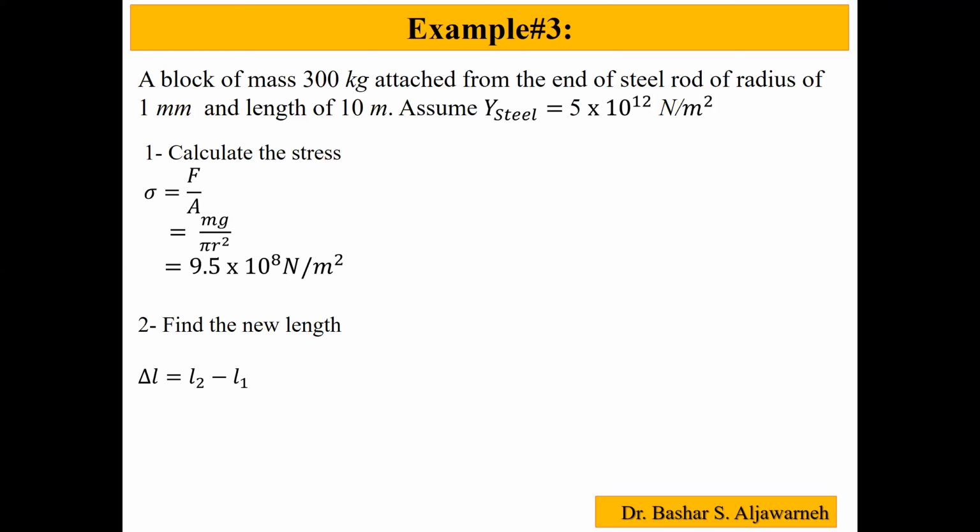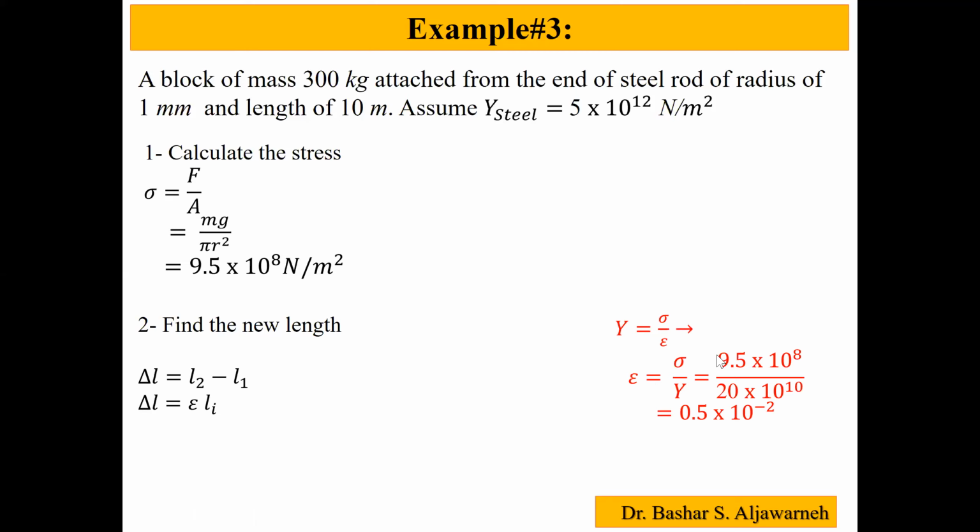We know delta L is the strain times initial length. Now, let us calculate the strain, since the Young modulus is given and we already calculated the stress. As we can see here, Young modulus is sigma, or stress, divided by strain. Therefore, the strain is 0.5 times 10 to the minus 2.